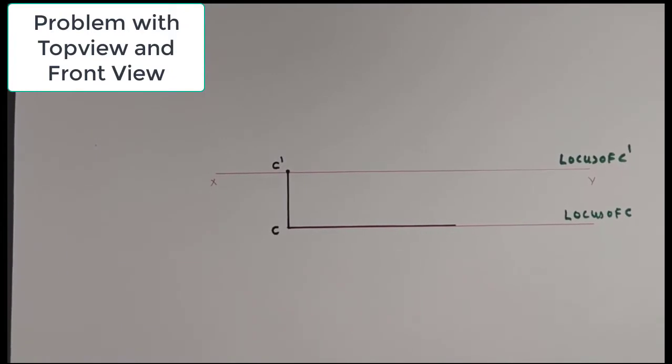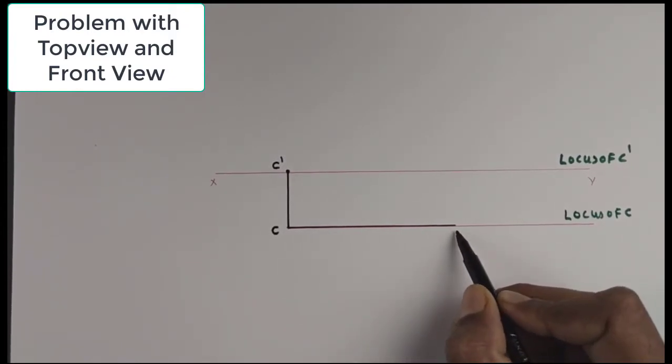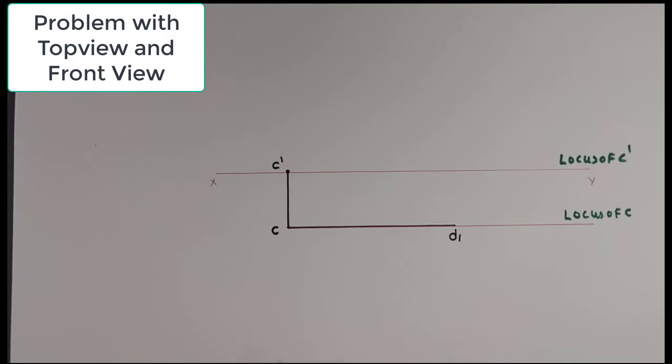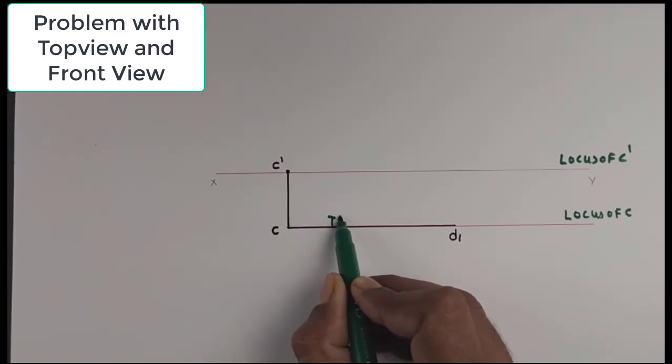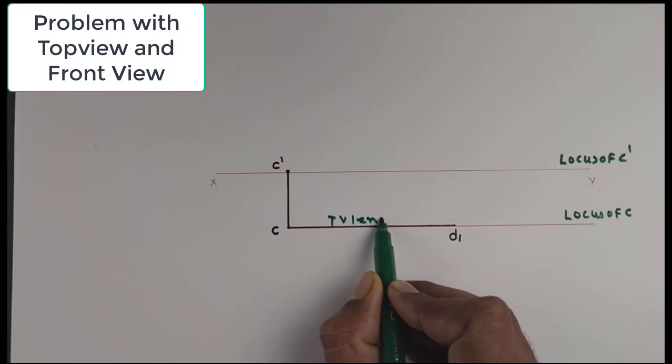It is the end point of the true length in the plan, so it is my D1, because I know the line is inclined to HP, its top view length is parallel to the XY line.